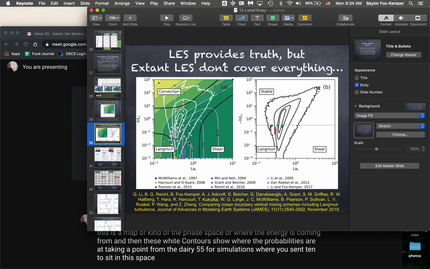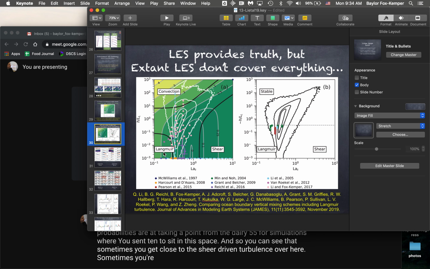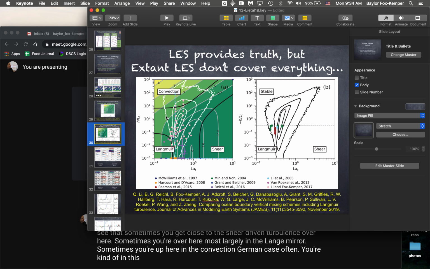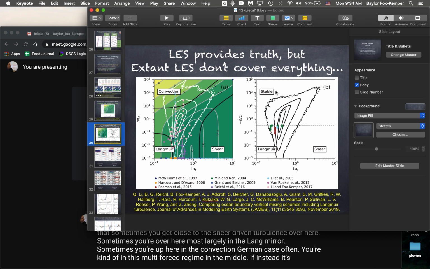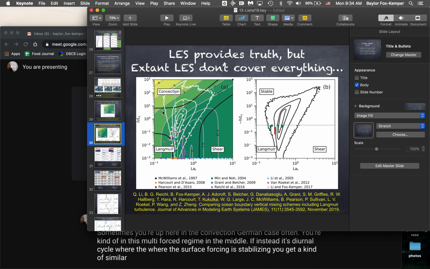And so you can see that sometimes you get close to the shear-driven turbulence over here. Sometimes you're over here, largely in the Langmuir. Sometimes you're up here in the convection-driven case. Often you're in this multi-forced regime in the middle. If instead it's a diurnal cycle where the surface forcing is stabilizing, you get a similar pattern, because a diurnal cycle is oscillating between this side and this side.